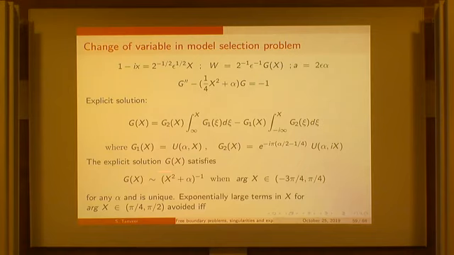And so what one finds is that you get this from asymptotics of integrals, but you can only do that when the argument of x is between minus 3 pi over 4 and pi over 4.